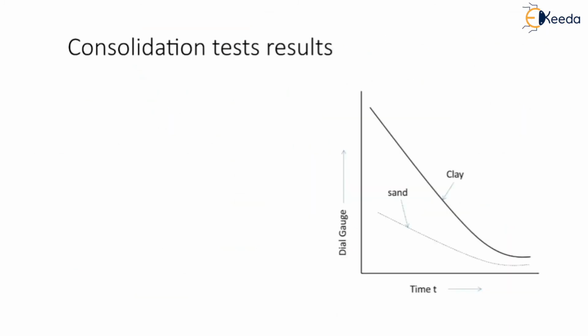Now let us discuss consolidation test results in detail. The first presentation of the test results will be in the form of a dial gauge reading versus time plot. So in this plot we can see time is represented on the x-axis, dial gauge reading is represented on the y-axis.